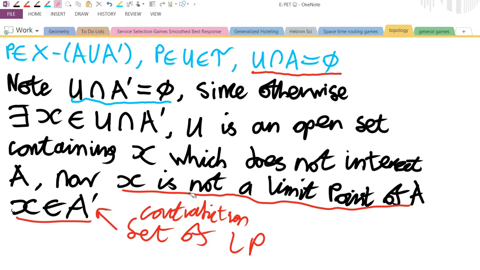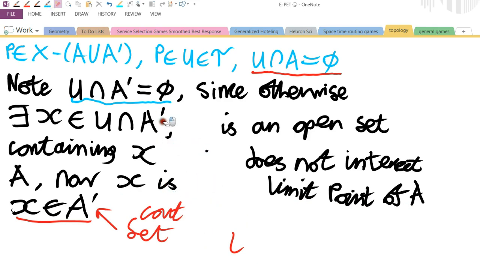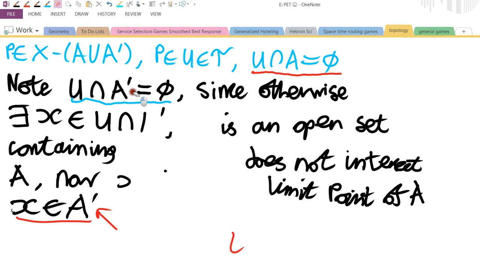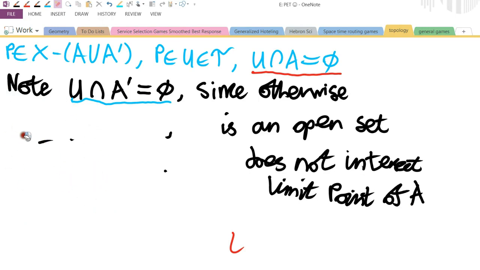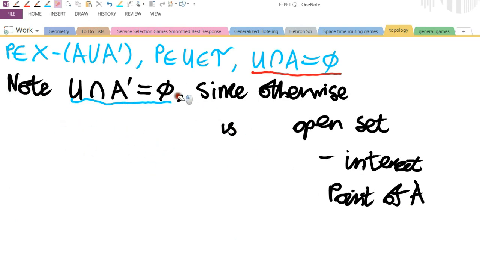There can't be any points in this open set U and in A dash at the same time. Phew, okay, so we've got this next point established, and now we're on the home run. So the proof's fairly straightforward from now on. Perhaps you can pause the video and finish it off.